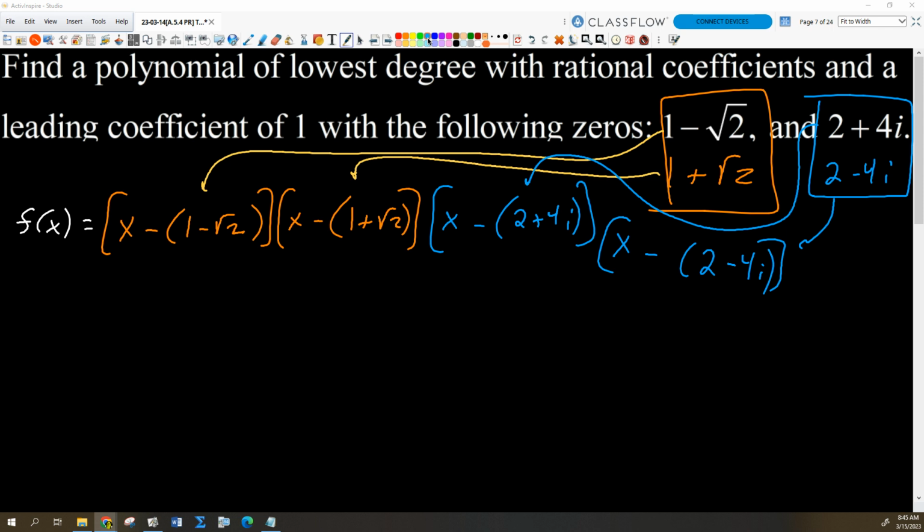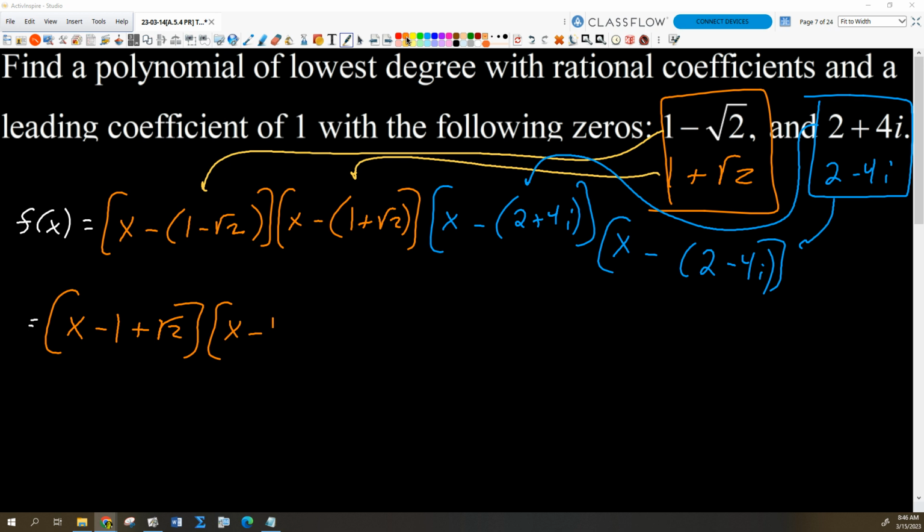Now that looks pretty bad, right? Because what am I going to do here? I'm going to have to probably distribute that negative sign, and then there are no like terms to add up. Let's do that. So if I distribute the negative, I'm going to get what? x minus 1 plus the square root of 2.